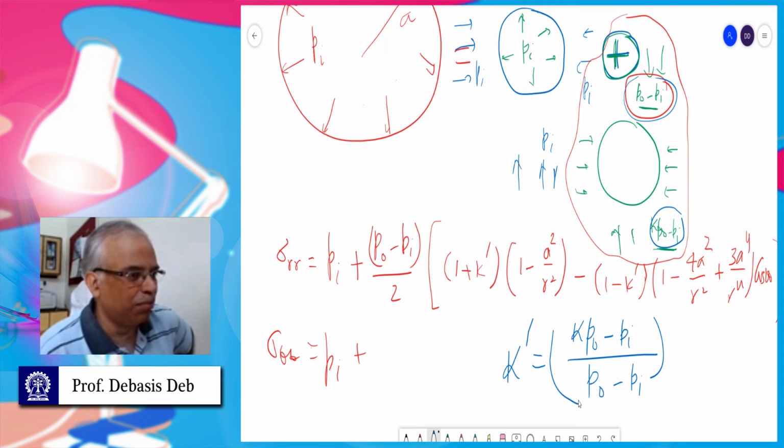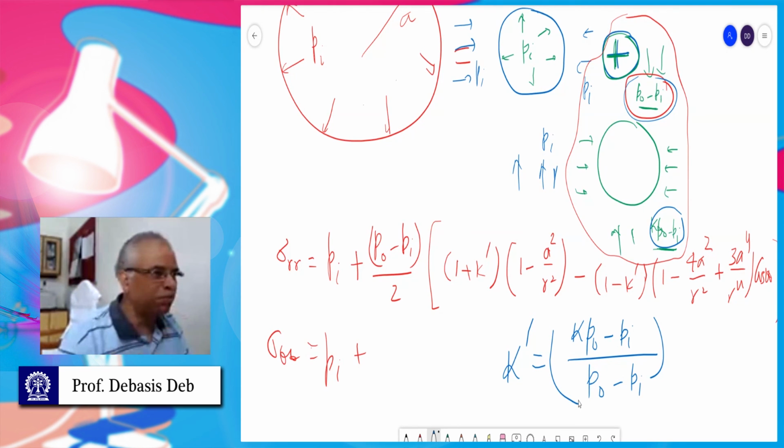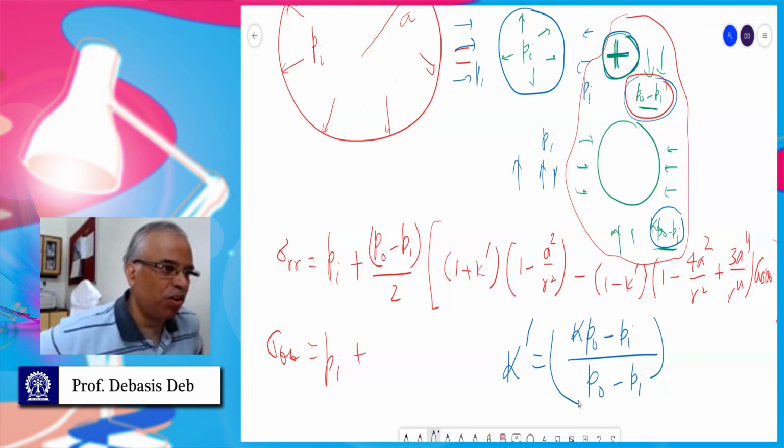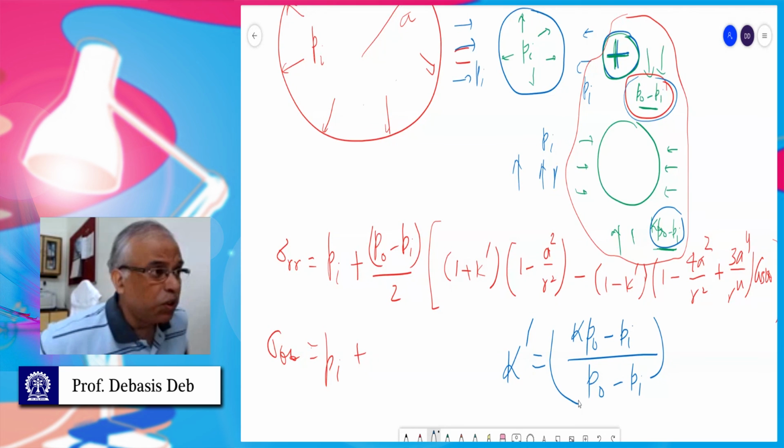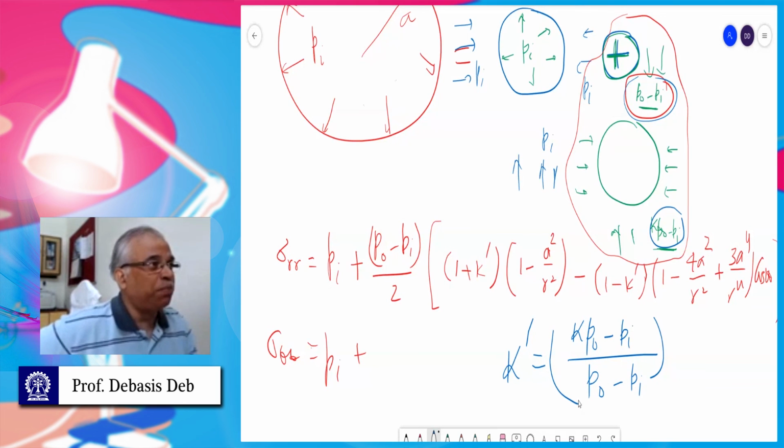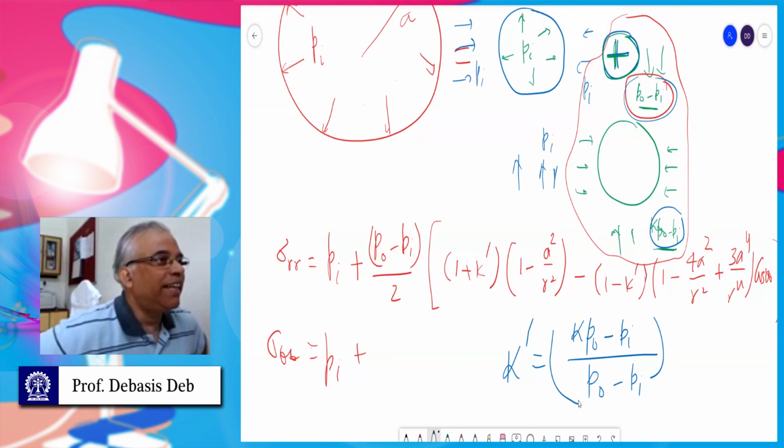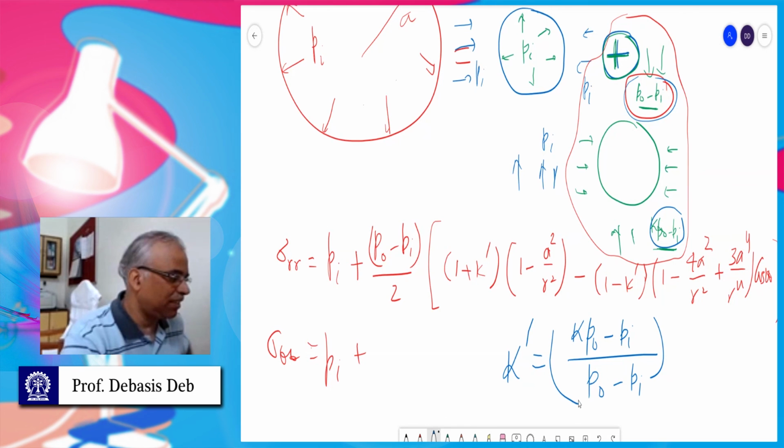That's understandable because in both directions it is Pi and P naught, so it will not matter. Okay. So what I am trying to tell you, with pressure, if there is an internal pressure, then the equation just slightly changes the way I told you here.